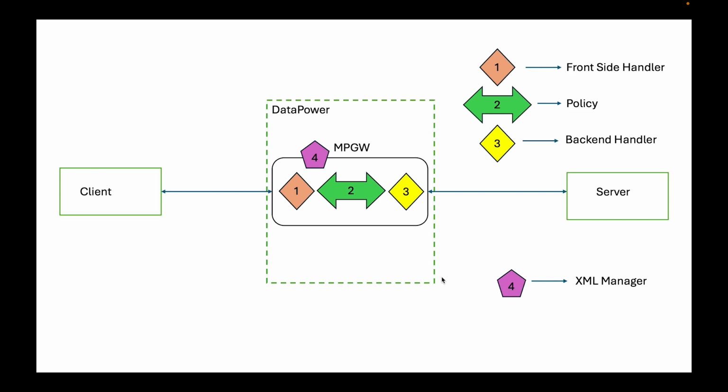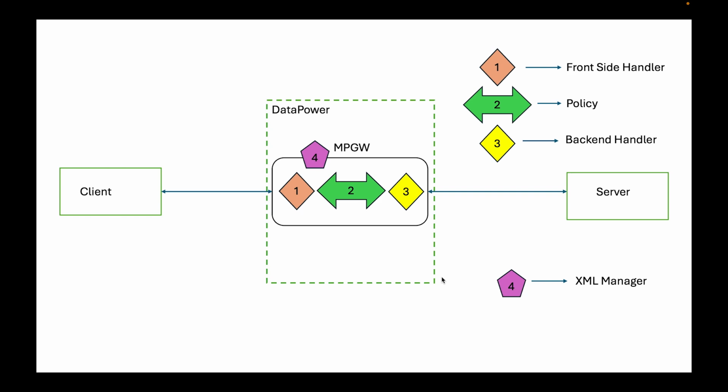The front-side protocol handler is the face of the multi-protocol gateway. It defines how a multi-protocol gateway is going to look. For example, if I create an HTTP or HTTPS front-side handler, clients are going to interact with the multi-protocol gateway using HTTP or HTTPS.